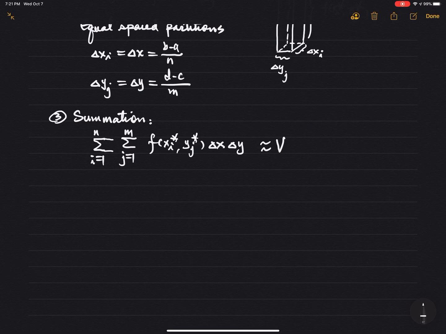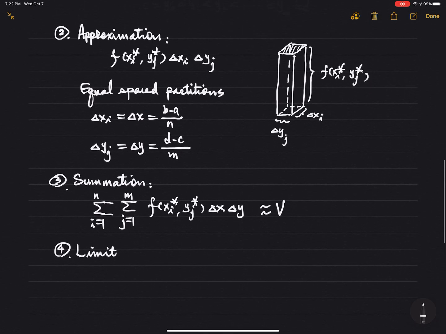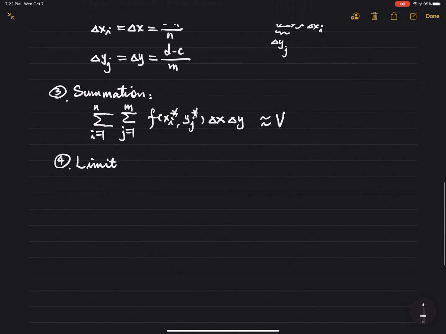So here we say step number 4, take a limit. Okay, let me just write the limit. Your book uses one limit. I'm going to use two. n goes to infinity, and m goes to infinity.